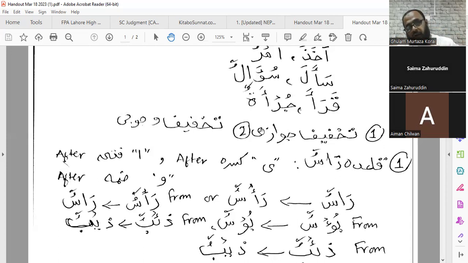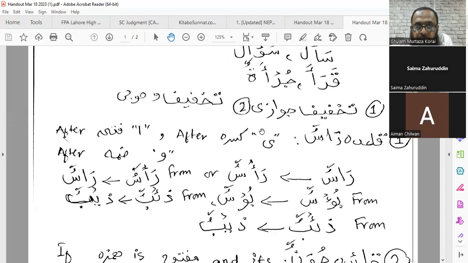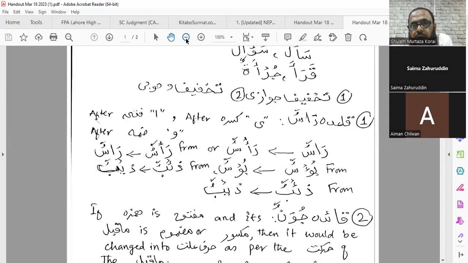Qawaid is the plural of qaida, or rule. So we have got different rules. The first qaida is given the name of qaidatu ra'sun, ra alif with fatha, ra, sin with tanwin, ra'sun. So what is this qaida about?